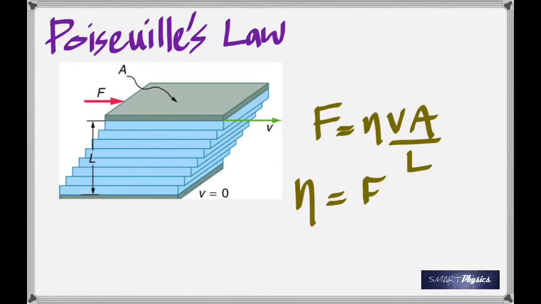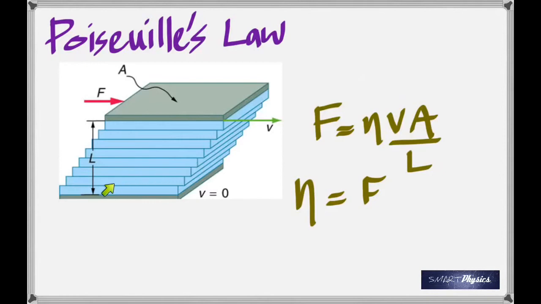What's A? Area where they are touching each other. So that is the area of contact. So instead of holding hands, if two people run embracing each other, that's going to be terrible. More area of contact, more friction. Okay, what's this? Distance between the two layers.